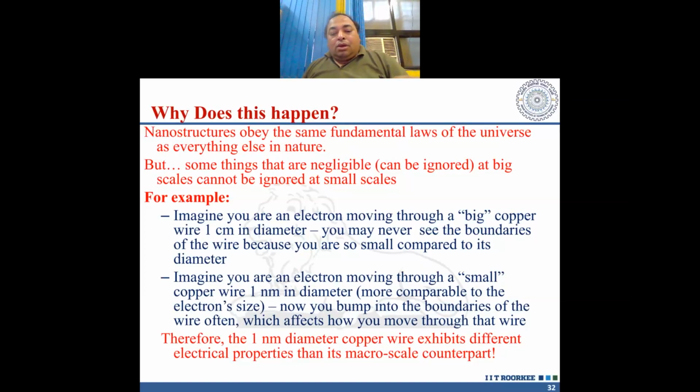So, if you go through, your visibility increases, your surface property increases, and you exhibit different properties. Exactly what happens when changing dimension from the macro scale to the nanoscale.